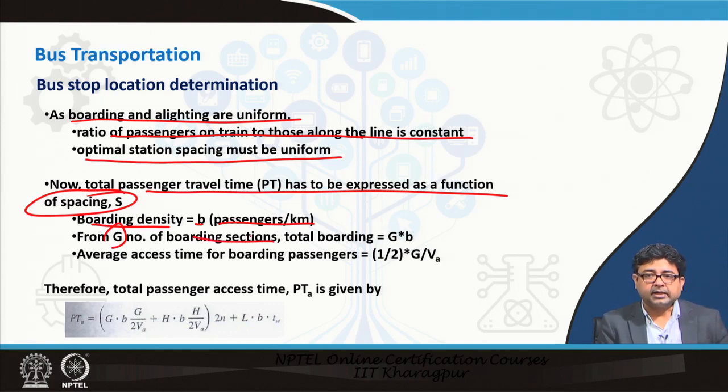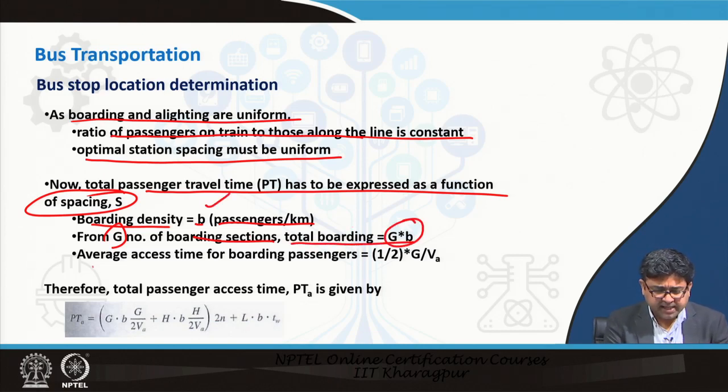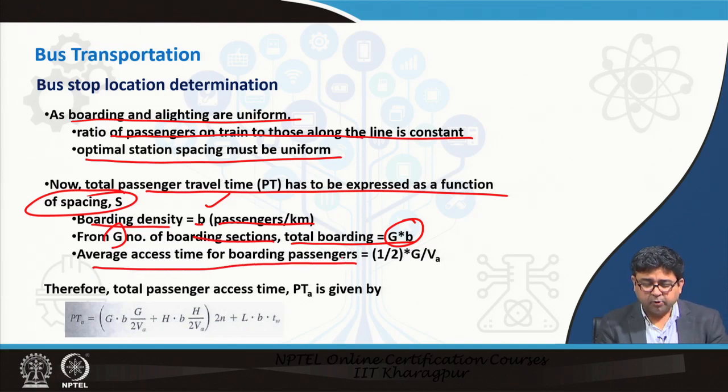So, remember, consider there are G number of such boarding sections. So, total boarding would be G times B, and the average access time for the boarding of passengers, we already know, is G by VA. Since it is an average, we divide it by 2, so G by 2VA.